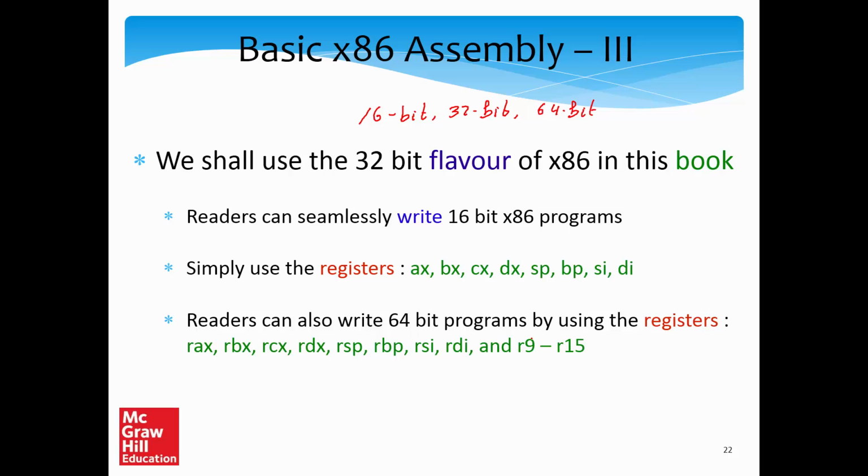The readers can also write 64-bit programs by using the R series of registers, RAX, RBX, RCX, RDX, and the 8 new registers that are provided by the 64-bit system, R8 to R15. Not R9 to R15, but R8 to R15.